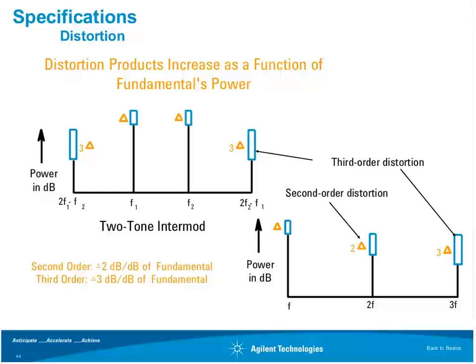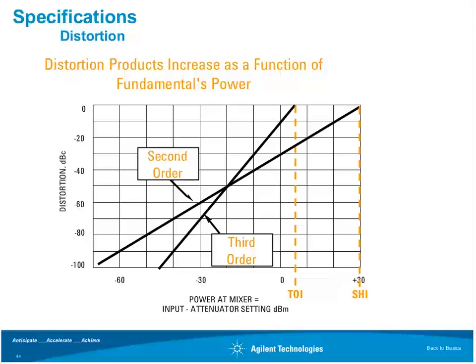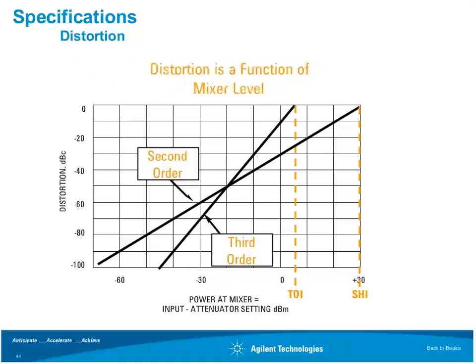Intermodulation distortion is often considered third order distortion, and you can actually have fifth order and seventh order and so forth, but the most important one typically is the third order product. Since they rise faster than the fundamental, we could plot our distortion as a function of power reaching the mixer.